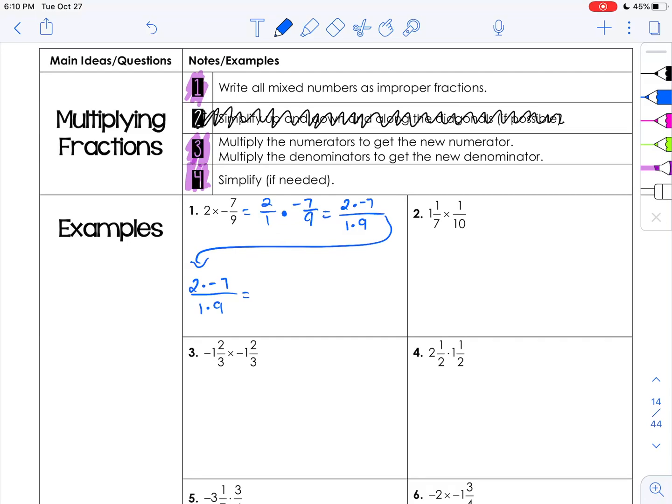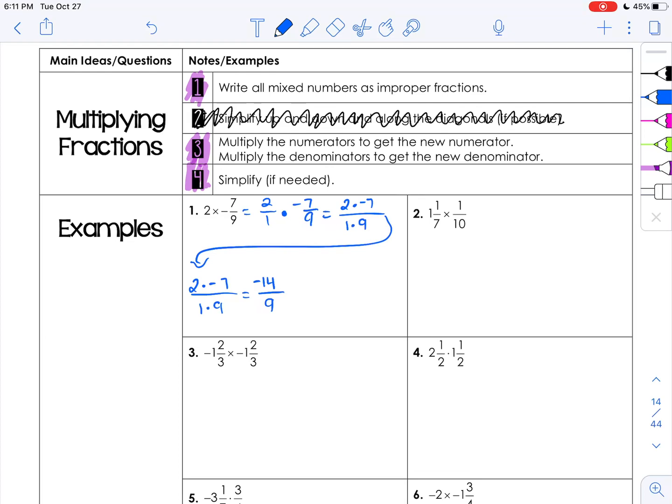Two times negative 7 is negative 14, because remember, a positive times a negative is a negative. And then 1 times 9 is 9. From here, you want to check to see if you can simplify. Negative 14 over 9 cannot be simplified.